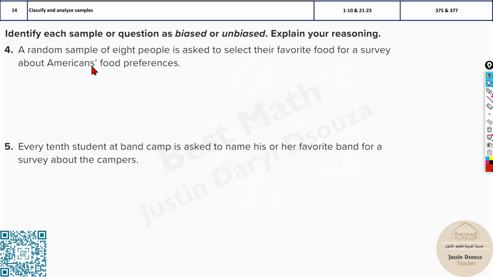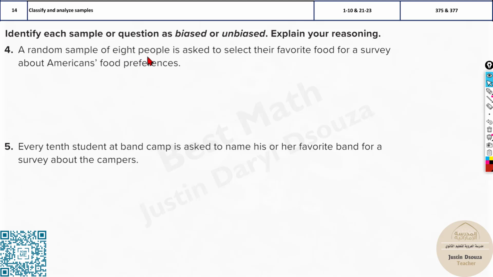Now then, we have to identify the bias or whether it's unbiased in these particular sentences. A random sample of 8 people is asked to select their favorite food for a survey about Americans' food preference. Now, this, random people, very good, that is not biased, but they are just choosing 8 people to report about America's food preferences.